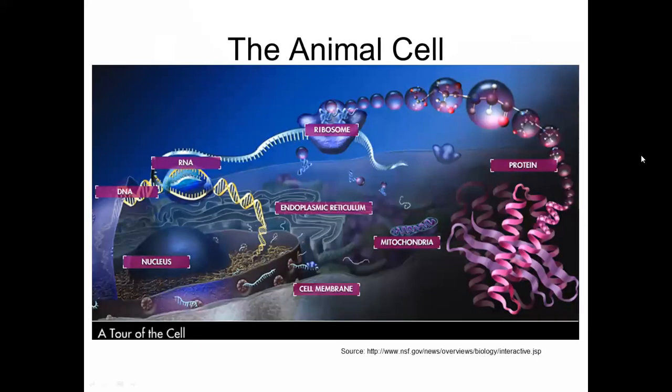So this is a generic animal cell, from the NSF, and it's not any particular cell. It just shows the items that we're interested in. I don't know where to start. It's so dynamic and there are so many things to see in here, but we can start by looking at the cell membrane. What the cell membrane is made up of, interestingly, is a phospholipid bilayer.